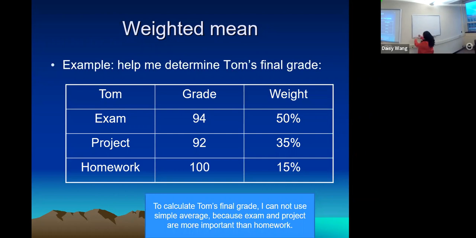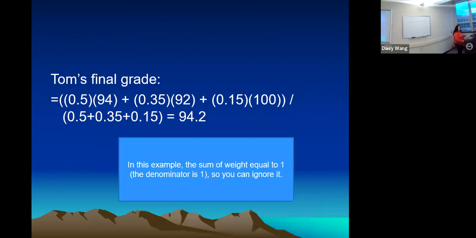So the weighted average will be 94 times 50% plus 92 times 35% plus 100 times 15%. That's it, the answer is here.